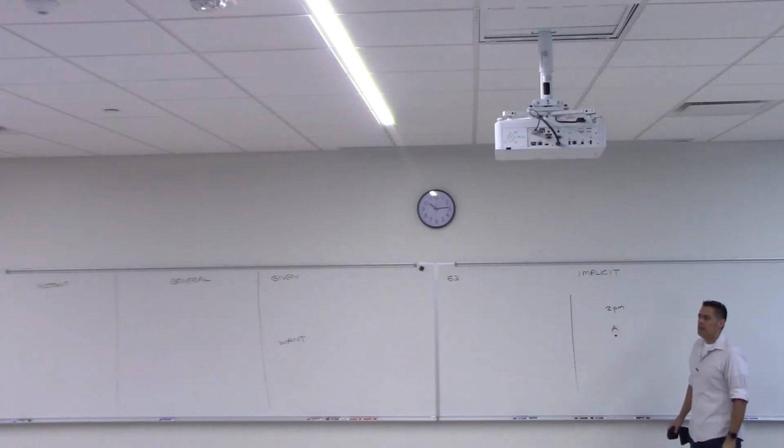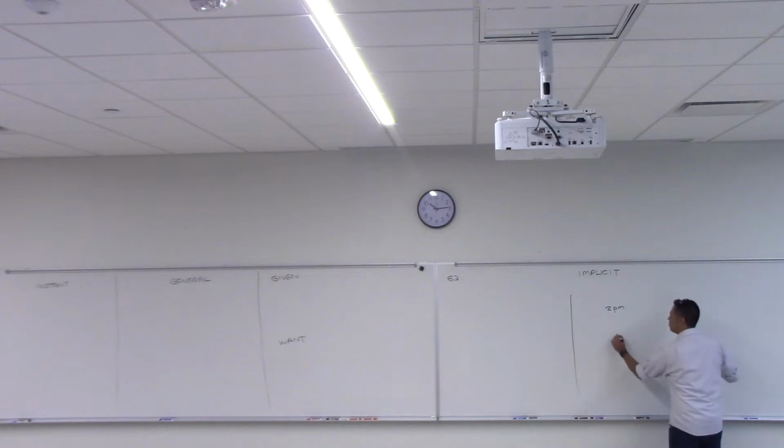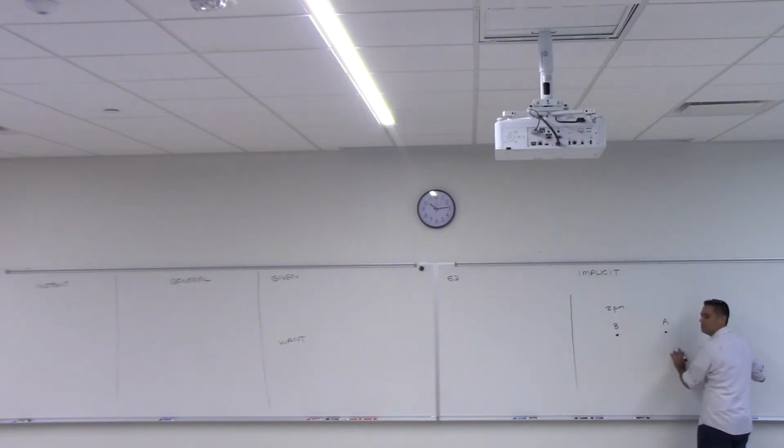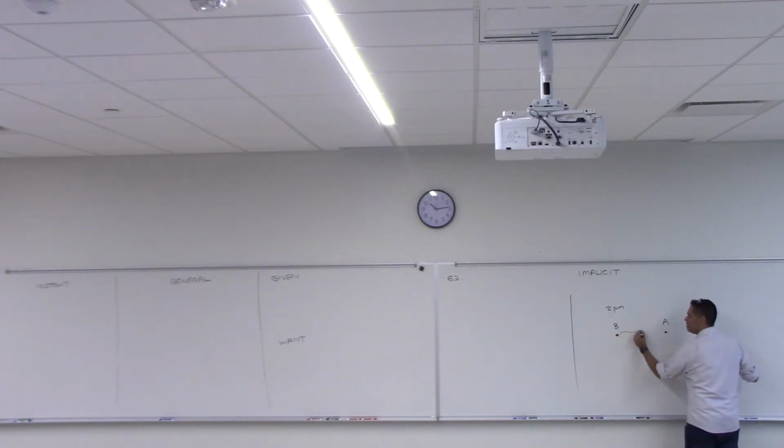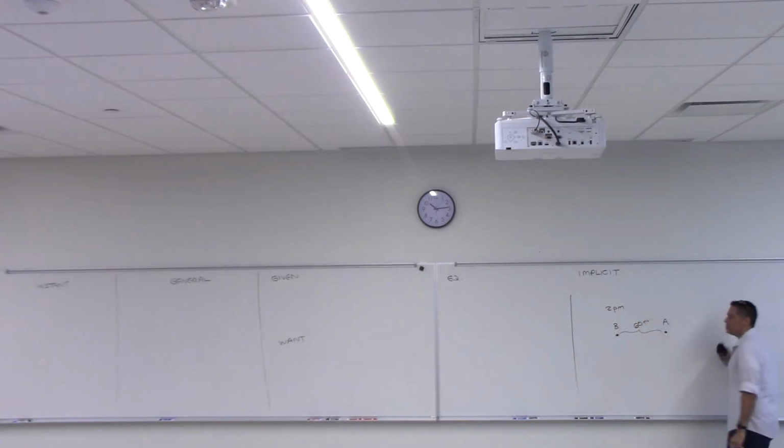And ship B, let's see, ship A is 60 miles east of ship B. Oh, I have this wrong. So maybe I should do it this way. Here's ship B, right? Ship A is here, east of ship B, and this distance is 60 miles, right? That's what's happening at 2 p.m., right?